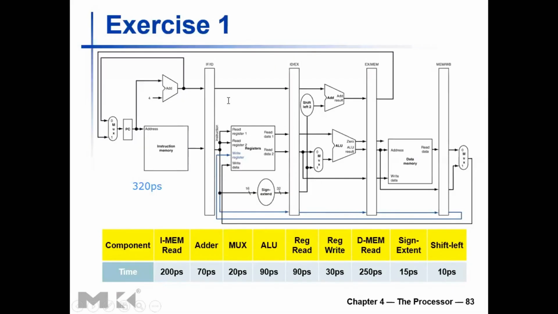What is the number for the instruction decode stage? Can anyone tell me? 210. So you spend 120 on the pipeline register, writing and reading, and then the register reading delay is 90, so 210, right? So 210 picoseconds, that is correct.